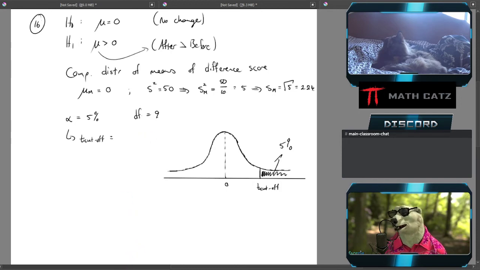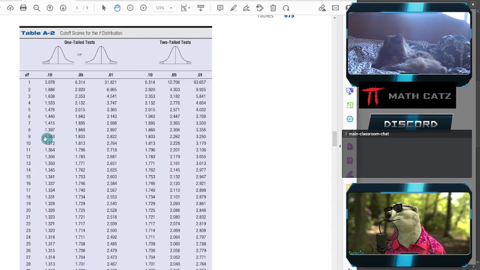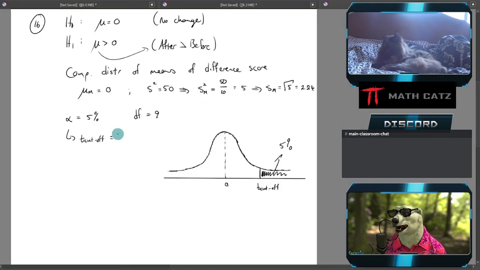And we look it up in our table. 9 degrees of freedom. So we're over here. One-tailed, alpha 5%, 1.833.